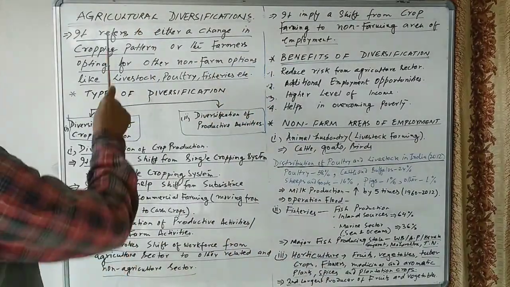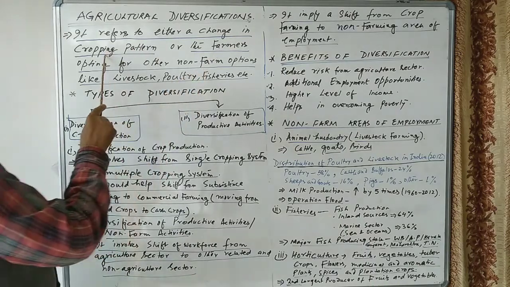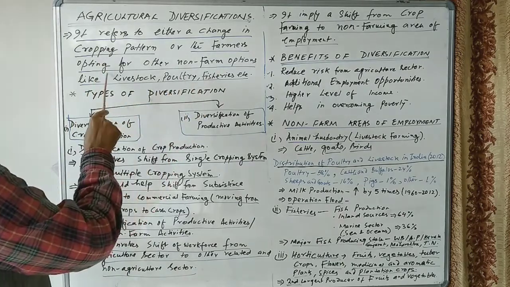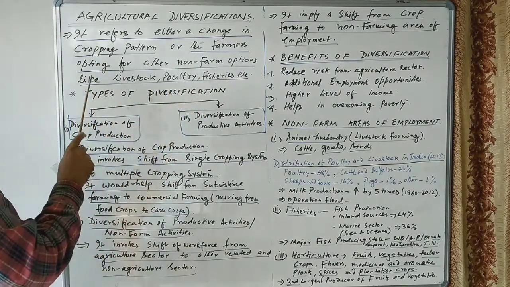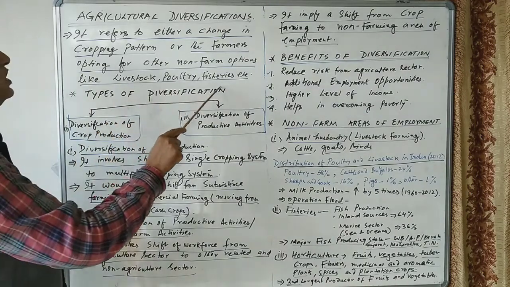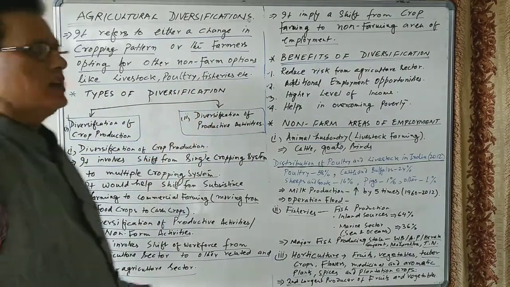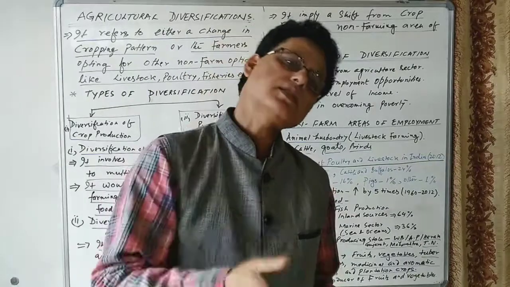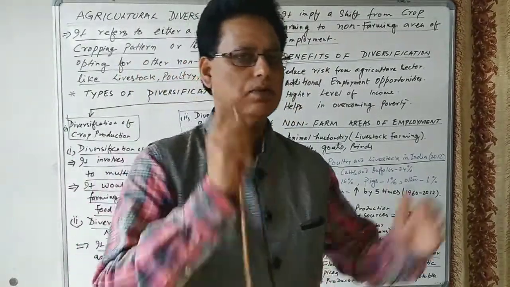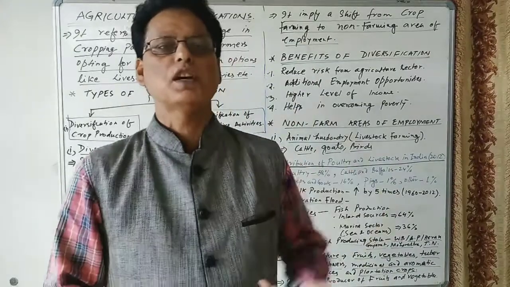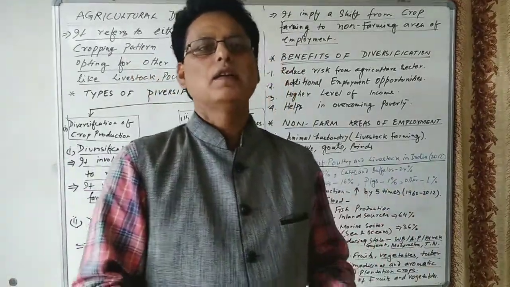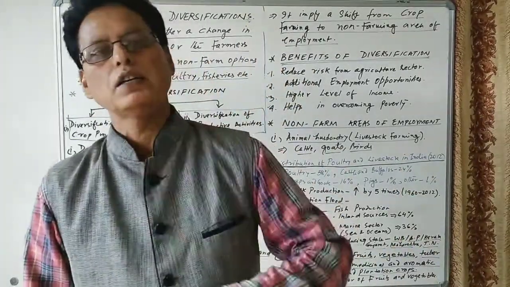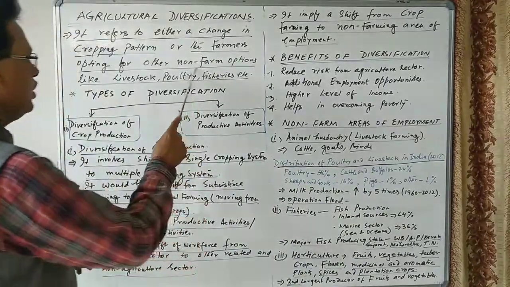Agricultural diversification refers to a change in cropping pattern, or farmers opting for other non-farm options like livestock, poultry, fisheries, horticulture, etc. It means the pattern of the crop is to be changed from food grains to cash crops, from a single cropping system to a multiple cropping system, or to non-farm options.